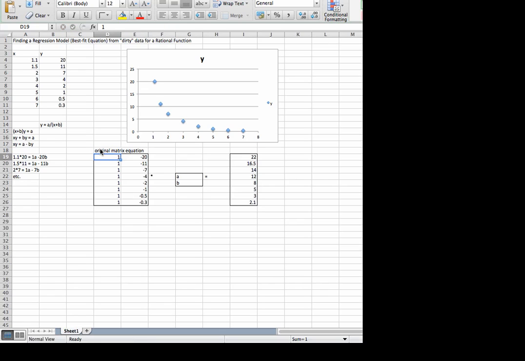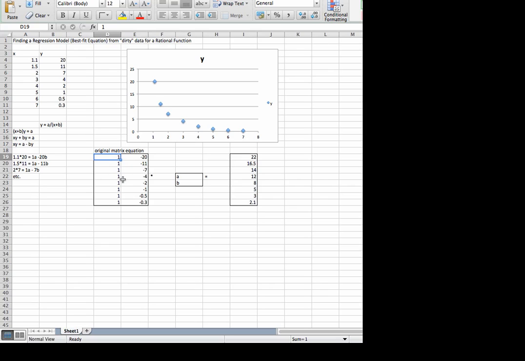Okay. Now what we want to do is solve this, and normally we would solve by multiplying both sides by the inverse of the coefficient matrix, but since our system here of 8 equations in 2 variables is overdetermined, that means the coefficient matrix will not have an inverse.